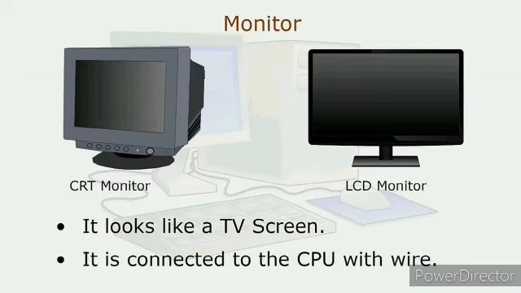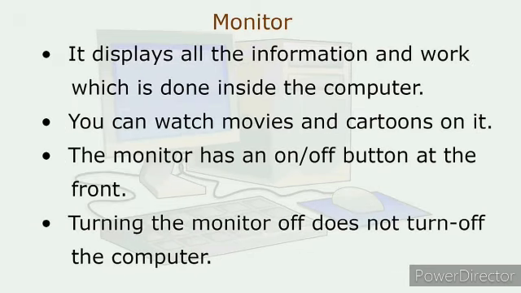The first part we are going to learn is the monitor. The monitor looks like a TV screen. It is connected to the CPU with a wire. The monitor displays all the information and work which is done inside the computer.